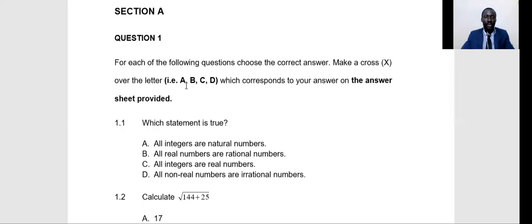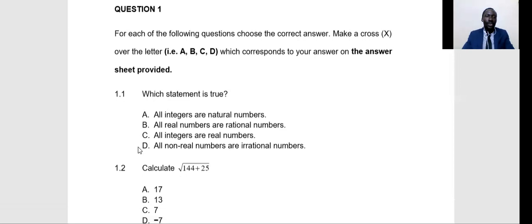For this correction, we will just be putting a mark from here to help you understand what the correct solution would be. The first question is, which statement is true? The first statement, A, states that all integers are natural numbers.